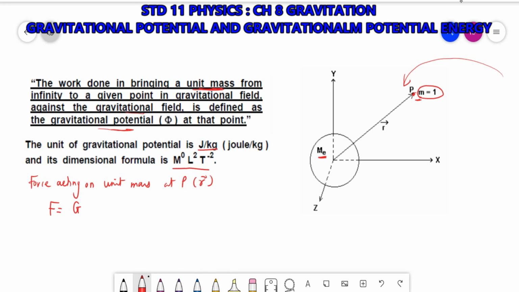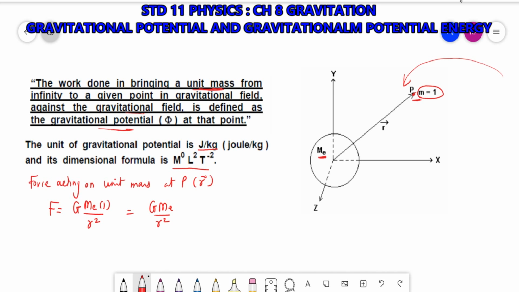So it will be G Me, that is mass of earth, and m2, that is the mass of this object, which is unit, so I can write 1, upon r square. So the force acting on this unit mass will be equal to G Me upon r square.